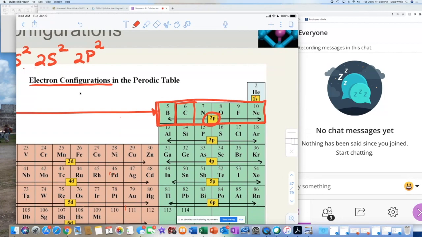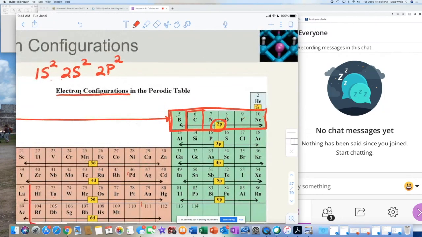I can't say I'm going to place 1, 2, 3, 4, 5, 6 because I only have 2 electrons left. And please notice, the number of electrons I place in the 2p sublevel land me on where carbon is. I place 1 electron here, 1 electron here, and it matches with where carbon is located.